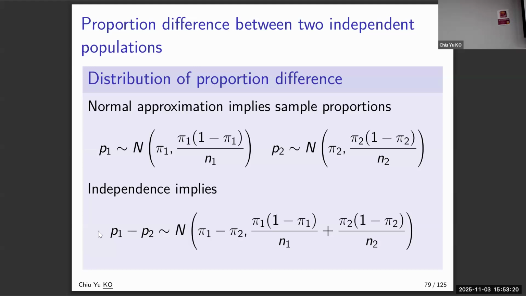Or P1 may be the proportion of people who like the stat class, and you want to compare across those who are accounting majors and those who are non-accounting majors. Maybe accounting people like to work with numbers and like stat more or not. Depending on this kind of question you want to ask.